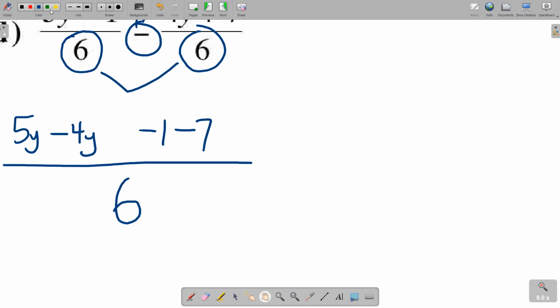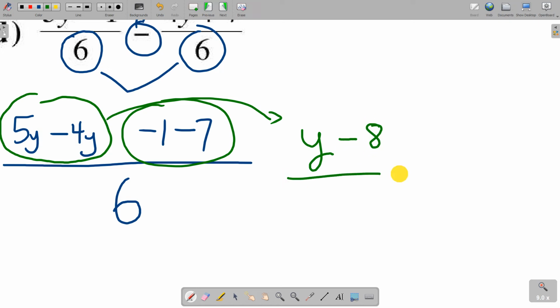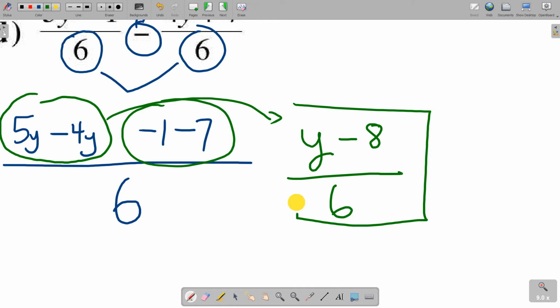I'm just going to group these now and show you what I'm going to get. If I have 5y and I take away 4y, I get 1y or just y. Minus 1 minus 7 is minus 8. All over 6. None of the numbers reduce. There's no 2 here or whatever. So this is the final answer. And because we've got a number on the bottom, that's just fine.